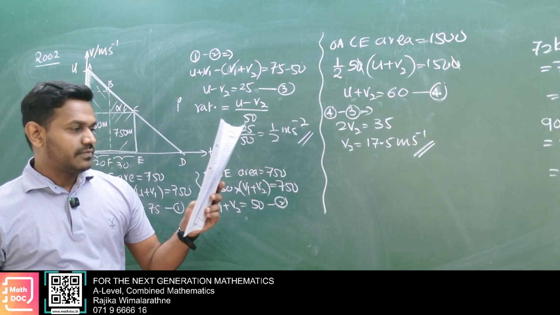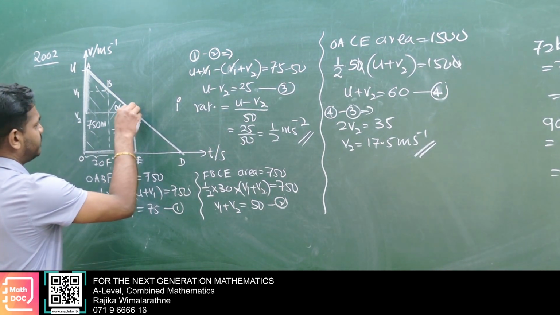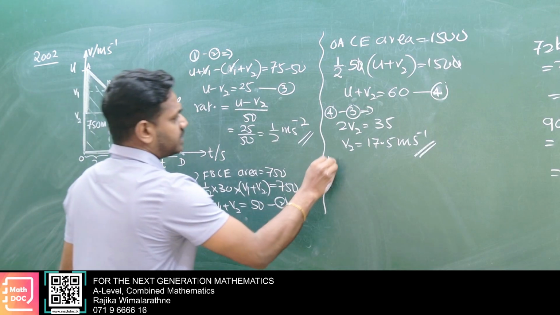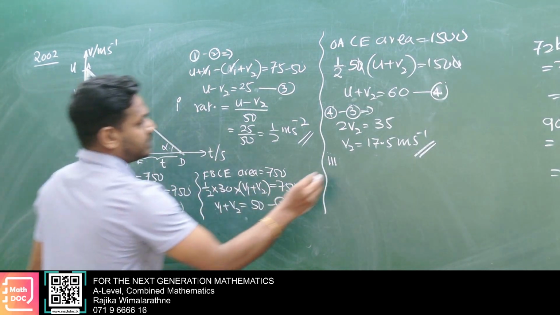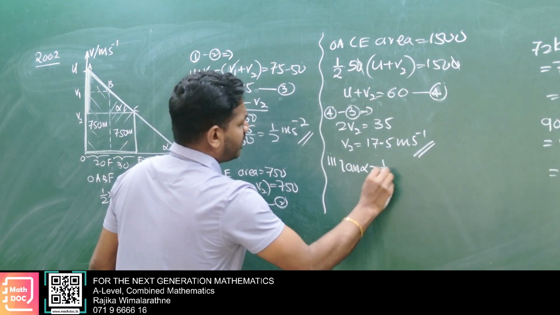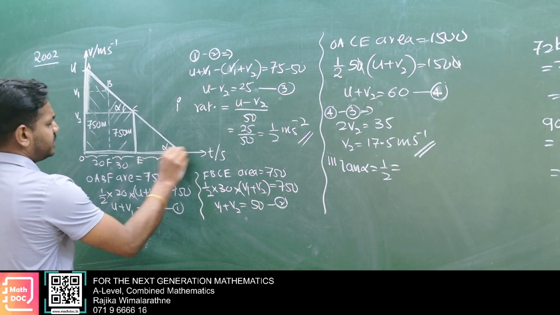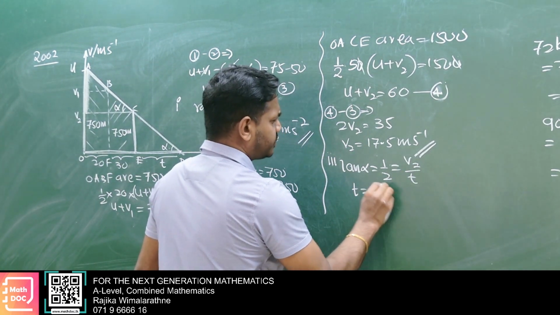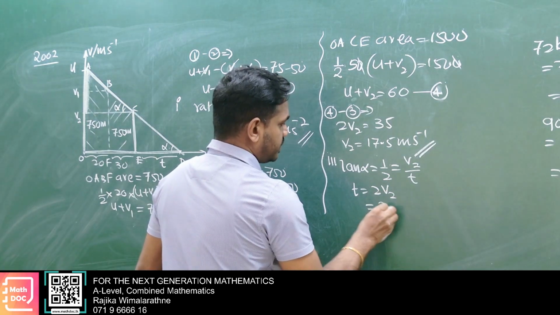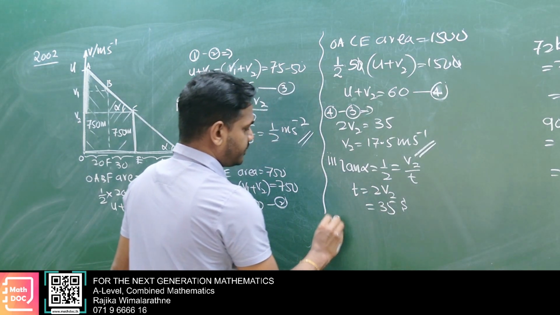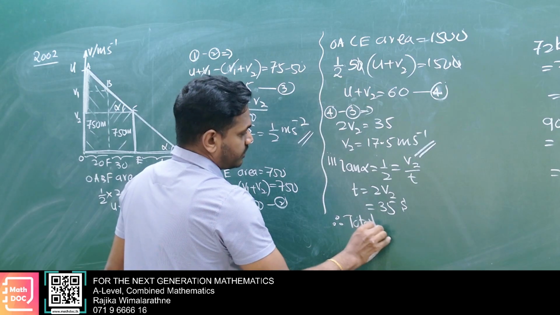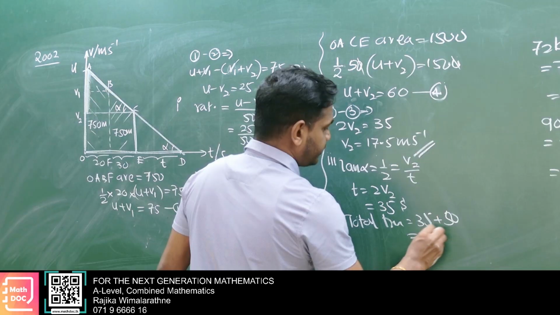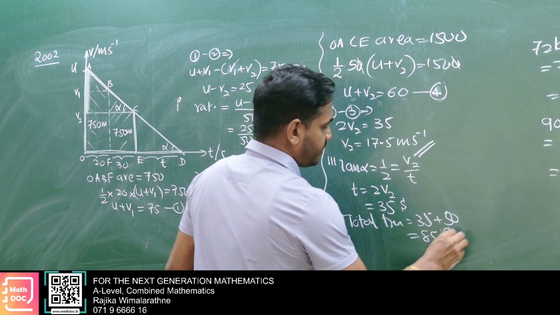The value of t when the train comes to rest: the retardation is the same, no? You know v2. Take small t, same angle alpha. Then the third one, you take tan alpha. So tan alpha means half, the retardation, no? Then v2 over t. Then t equals 2v2, 35 seconds. Therefore the total time is 35 plus 50, so in 85 seconds it comes to rest.